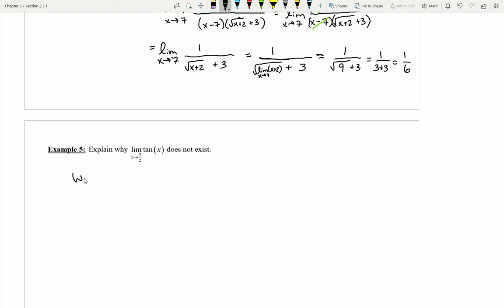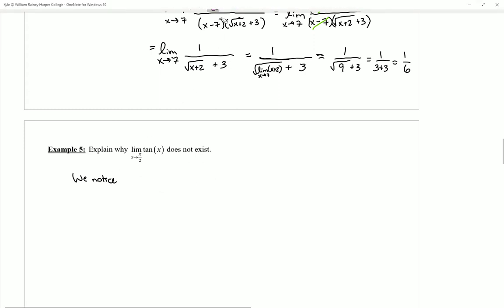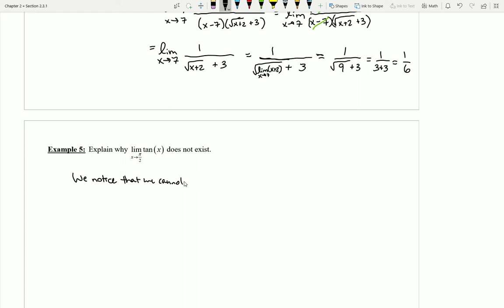One of the first things that we might notice here is that we cannot direct substitute, since tangent of x is a trig function. So it is not a rational function, it's not a polynomial.